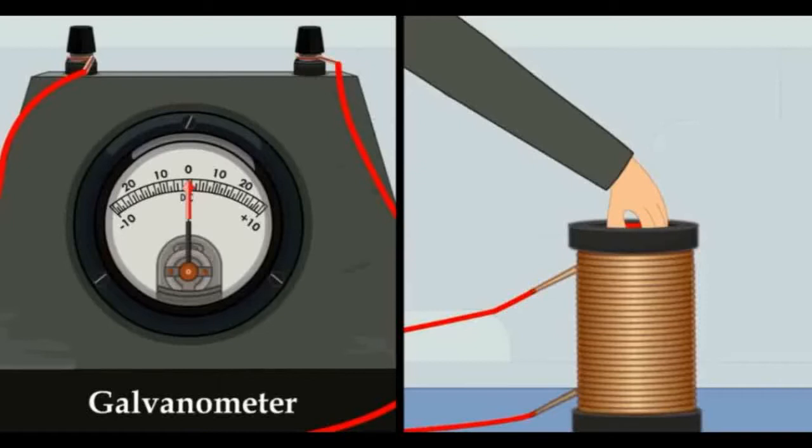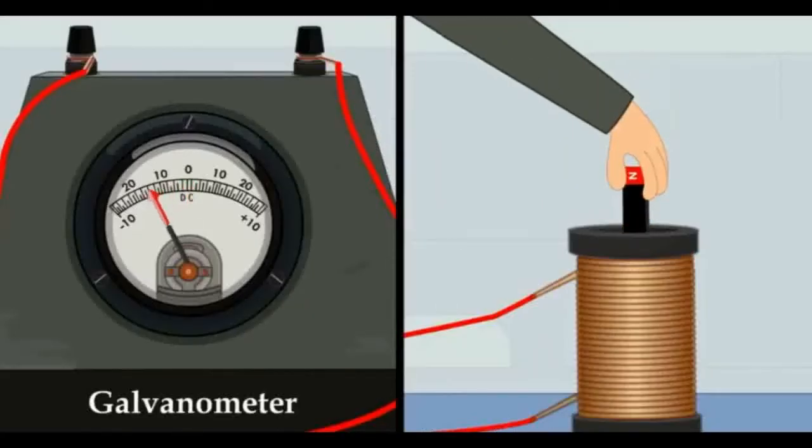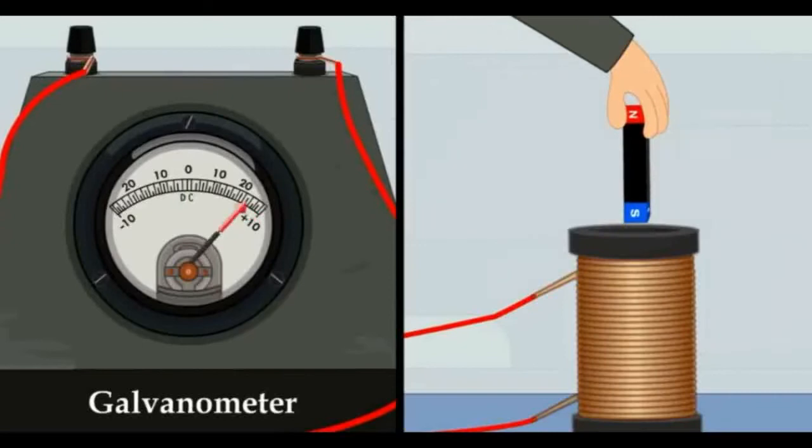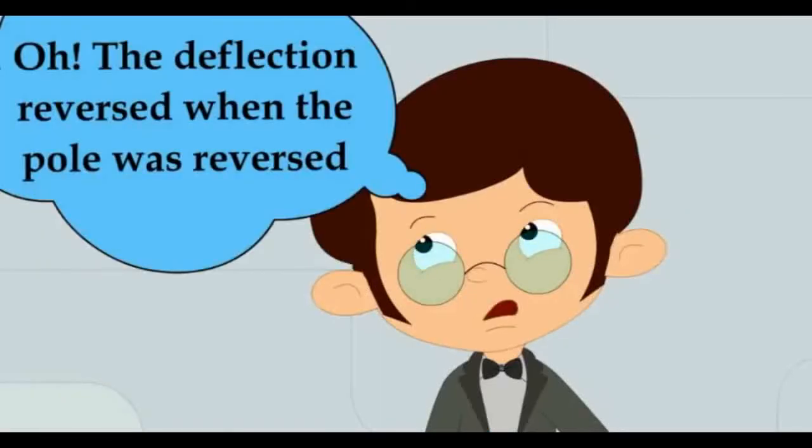Previously it was towards +10. So again when there is a change in the polarity, or a change in the magnetic pole, there is a change in the direction of the current produced. The deflection reversed when the magnetic pole was reversed.